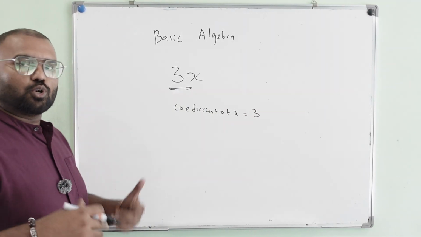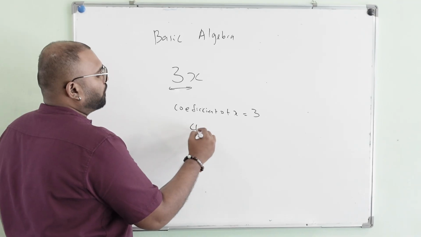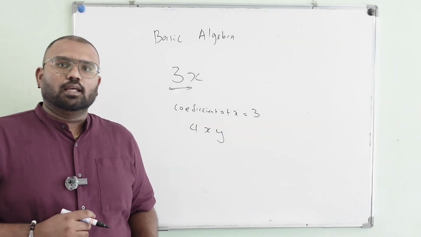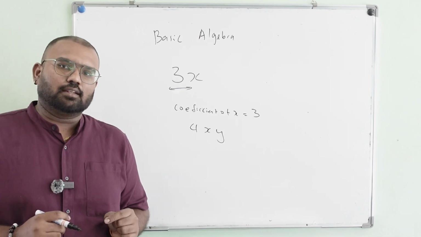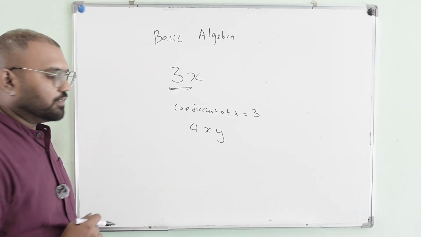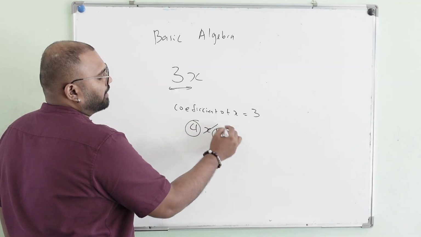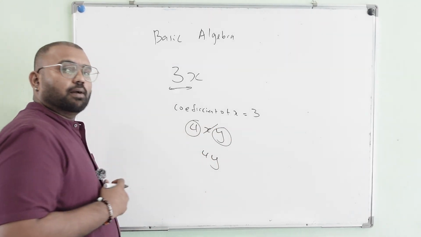Okay, if the question is like 4xy, since the question is the same, the coefficient of x again. Here also they want x. The thing attached to x is 4 and y. Understand?